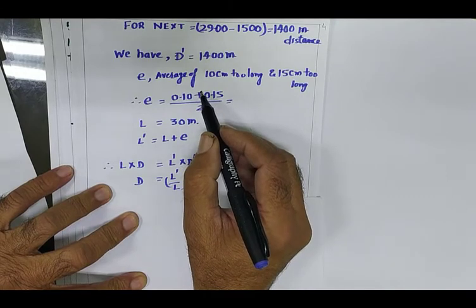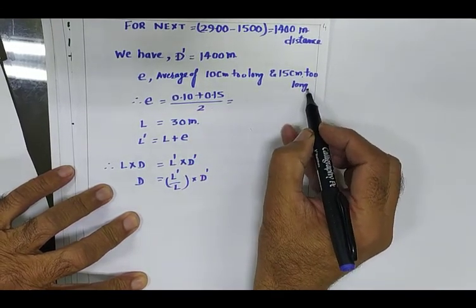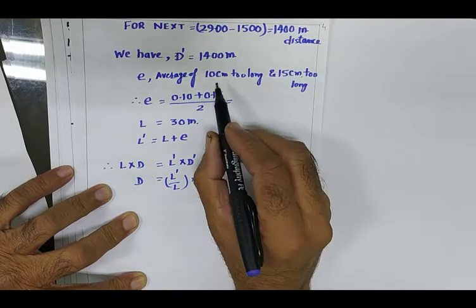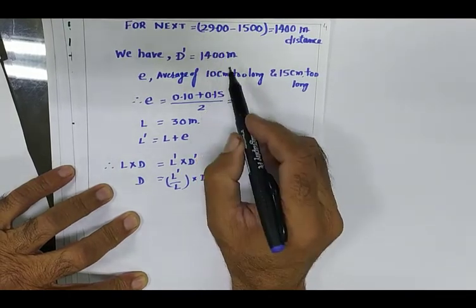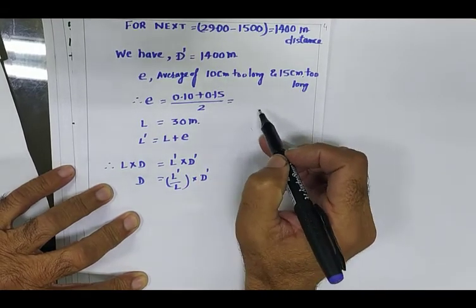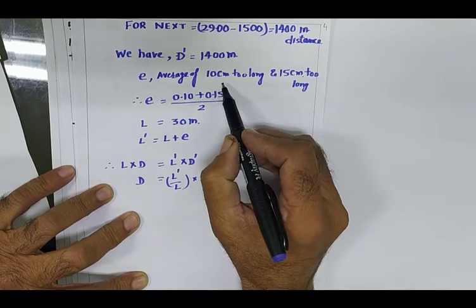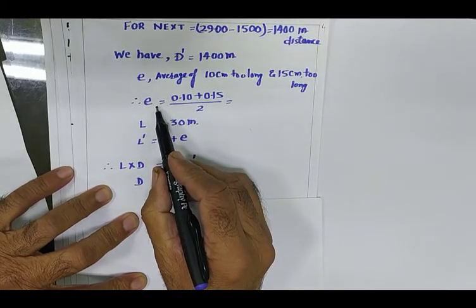Now again in this case the chain was 15 centimeter too long. After measuring a total distance of 2900 meter, it was found 15 centimeter too long. In the previous case it is 10 centimeter too long. Now the value of E will be calculated.